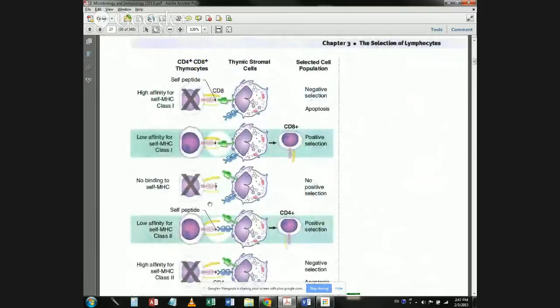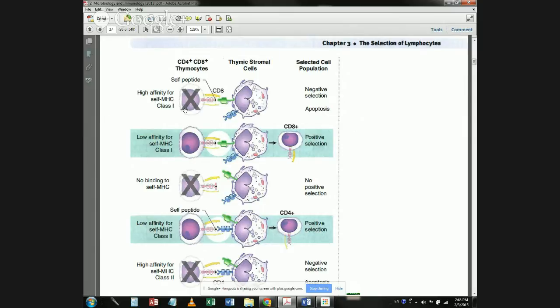Across the top, we see CD4 positive and CD8 positive thymocytes, fresh from the bone marrow, followed by thymic stromal cells. So this is obviously a macrophage, it looks like. A macrophage has both MHC1 and MHC2, right? And then the selected cell population. What happens in which situation? That's what we're trying to figure out.